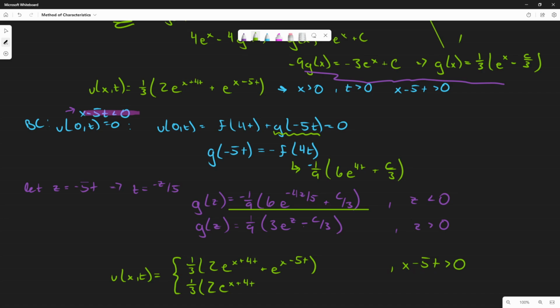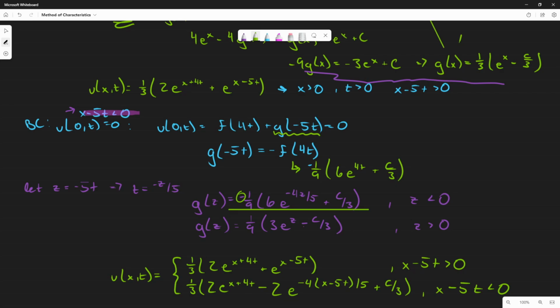And then it will be minus, because of the negative right here, 1/3 times 2e to the negative 4z over 5, but we already know what z is, so it'll be negative 4 times x minus 5t over 5, plus c over 3, and this is when x minus 5t is less than 0.